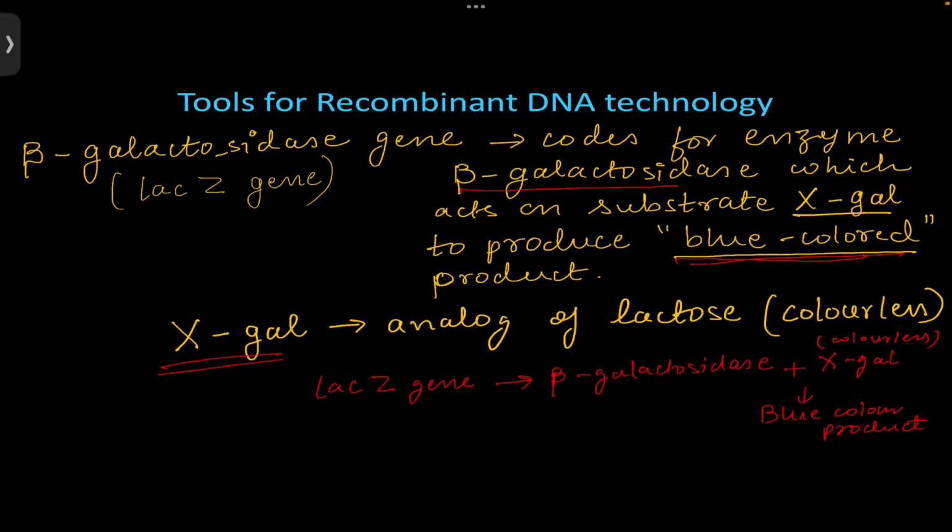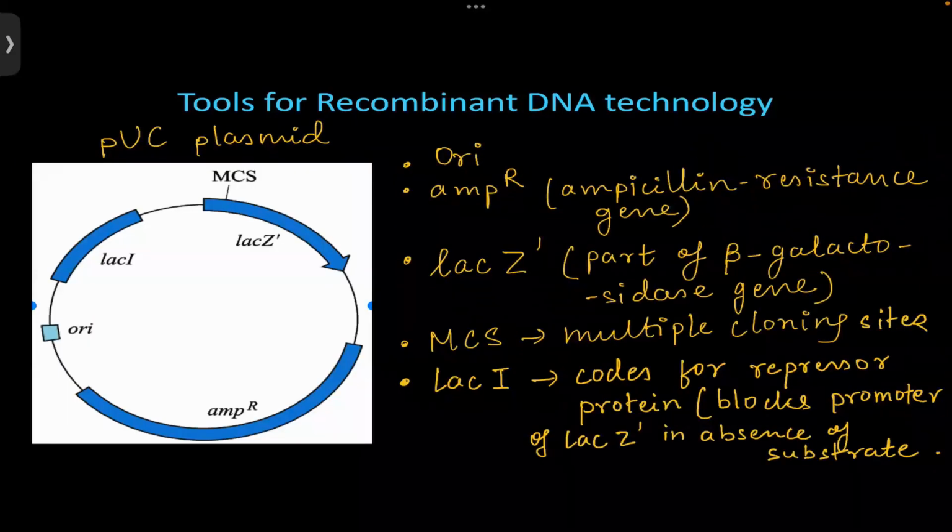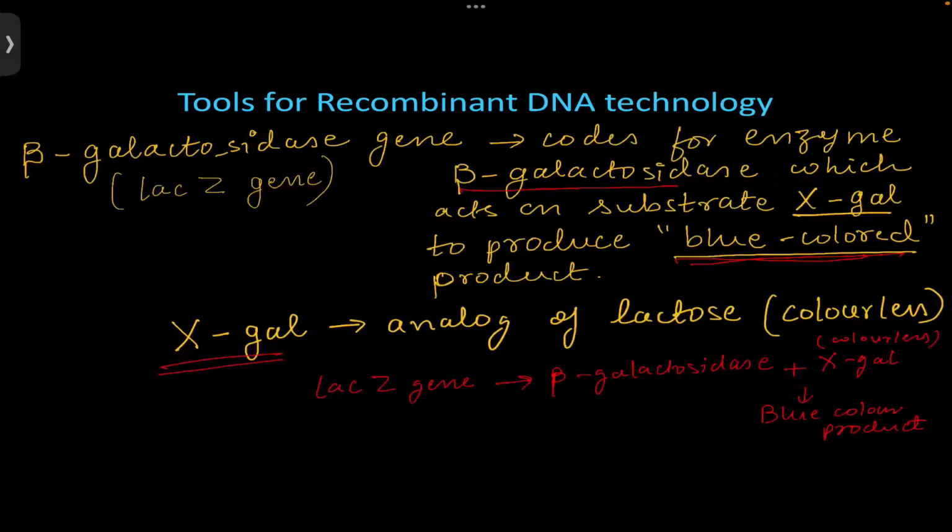Now, how is this going to help us in selecting out the recombinants from non-recombinants? Now consider another cloning vector, pUC. It also has an ori, and it has an antibiotic resistance gene here, the ampicillin resistance gene, and it has a part of the beta galactosidase gene, but this part is all you need for this reaction to happen.